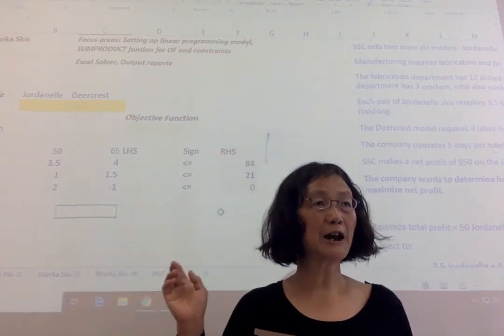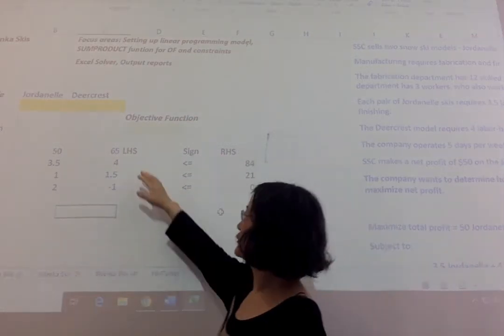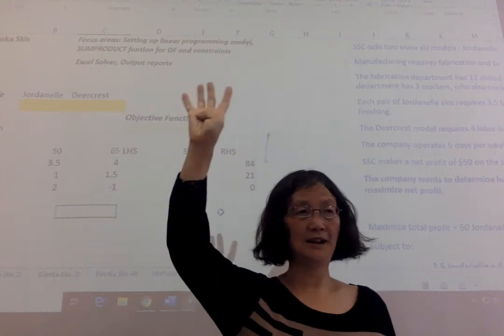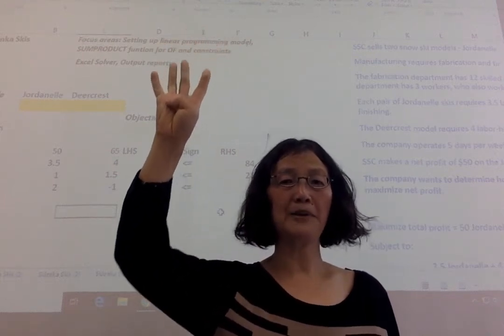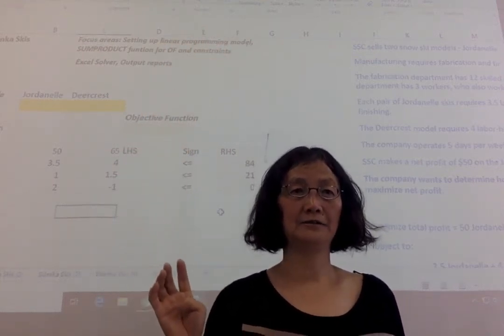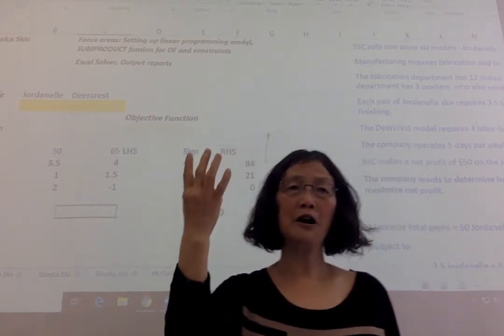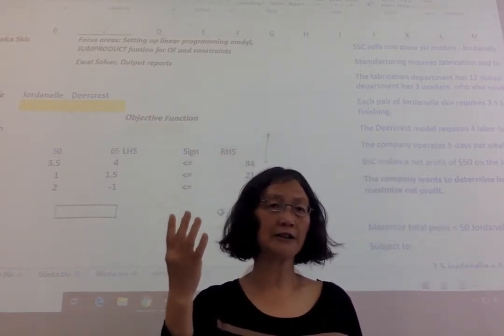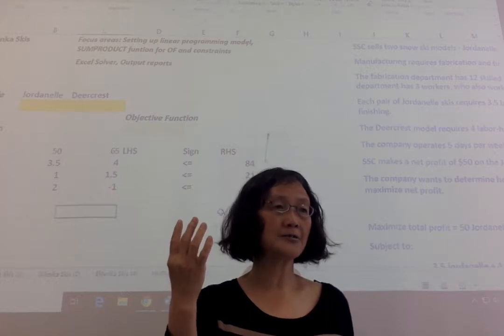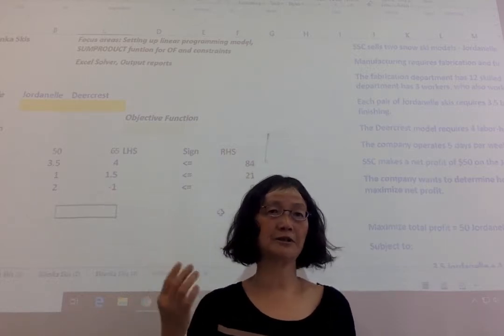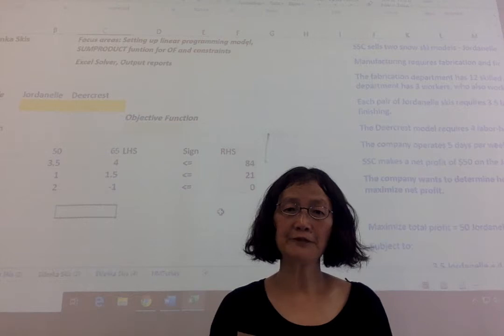Okay, so watch out. And also when I use the sum product, I will just use 1 sum product and apply it 4 times by using the fill handle. You could do 4 separate sum products, okay, you go ahead, but I want to save time and do it more efficiently.